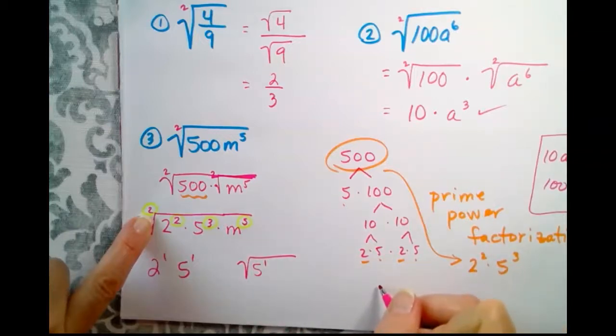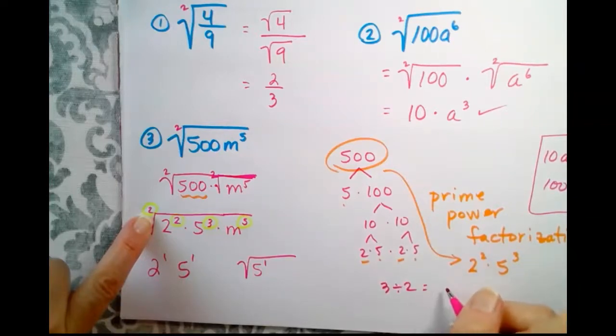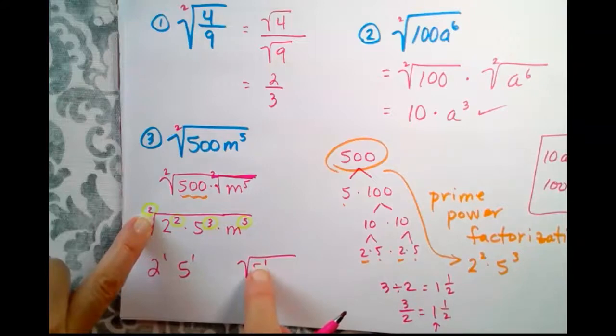If you look at 3 divided by 2, which is what we're asking, that's going to be 1 and 1/2. Better yet, let's look at it from an improper fraction to a mixed number. The 1 whole comes out, but the 1 remaining is going to stay under.